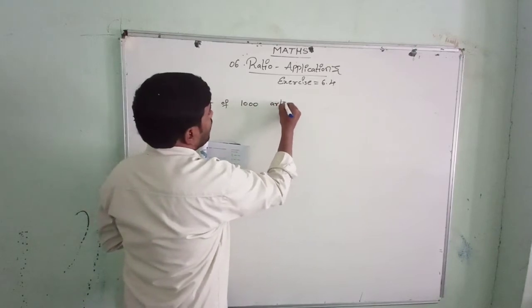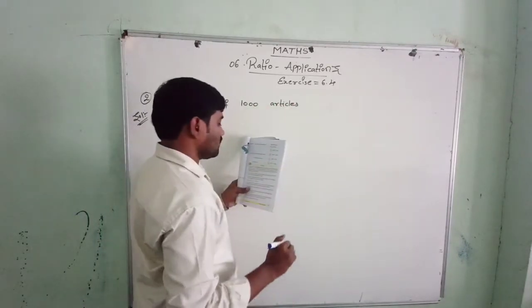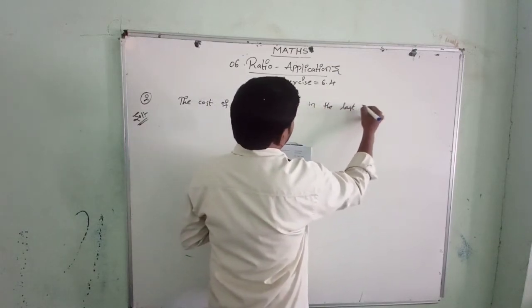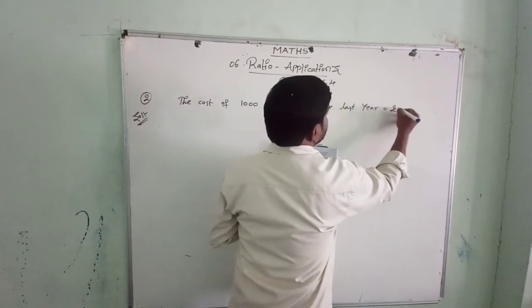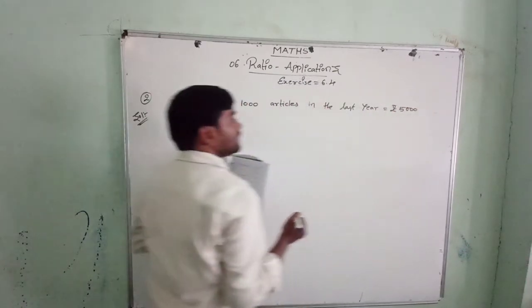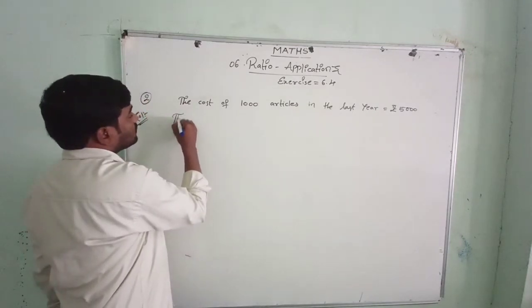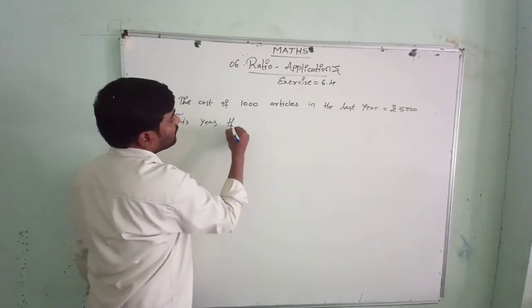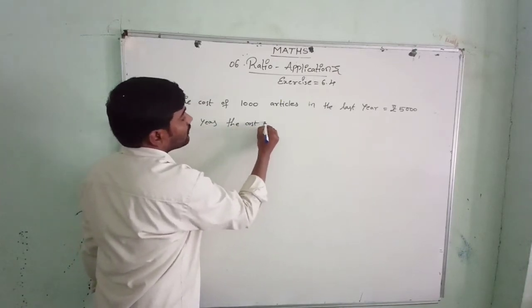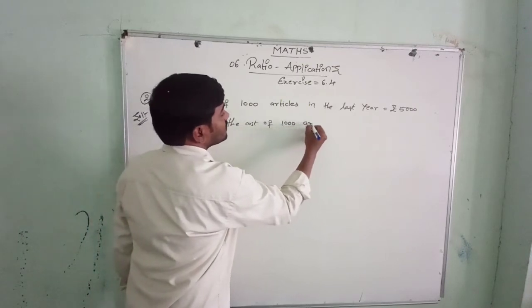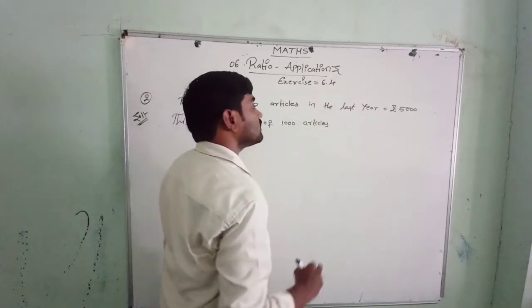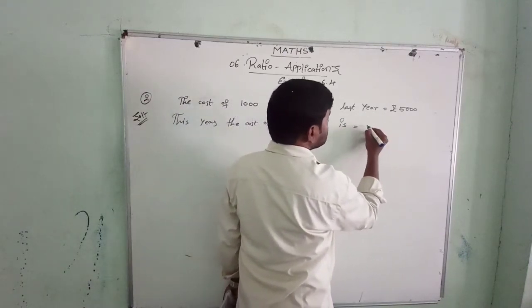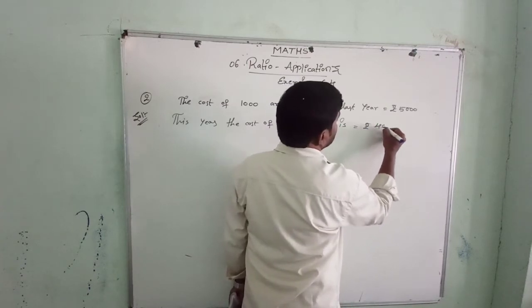So the cost of 1000 articles last year equals rupees 5000. Now this year the cost of the same 1000 articles is rupees 4000.